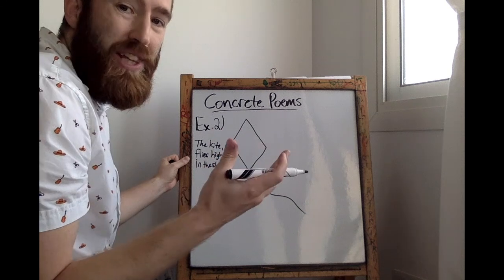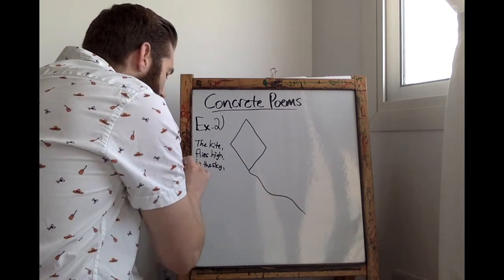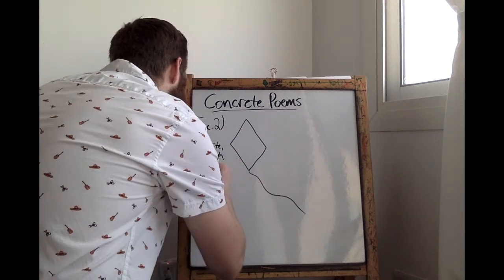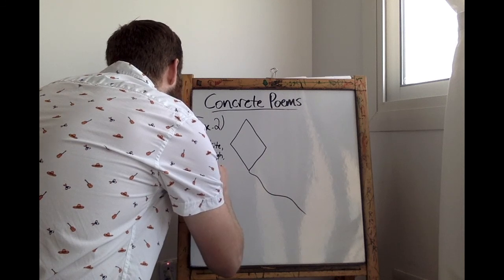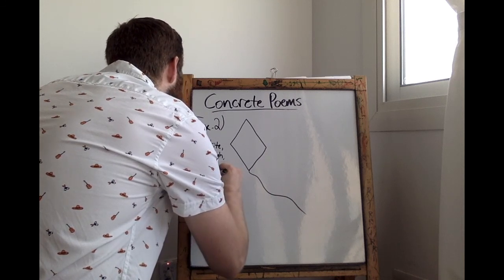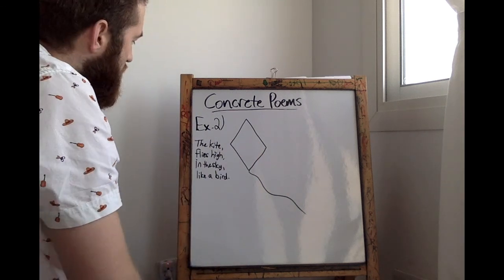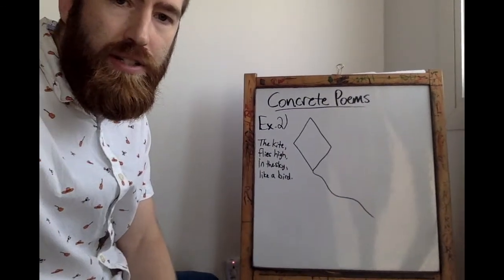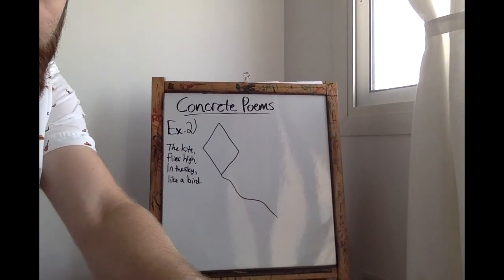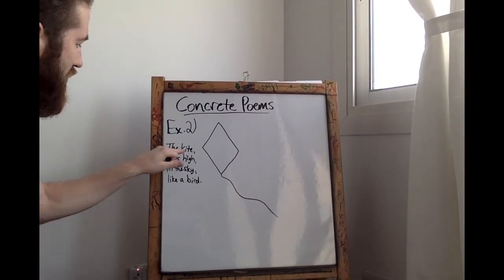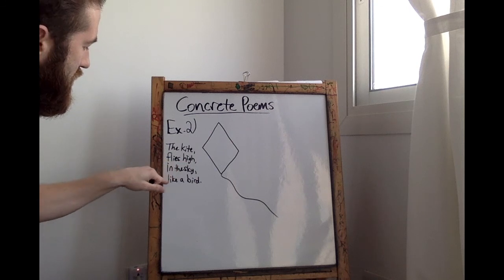This one does rhyme a little bit, but it doesn't have to. In the sky, like a bird. That's my poem. Okay. Oh, sorry. It's kind of hard to see that. I hope you can see it good. The kite flies high in the sky like a bird.